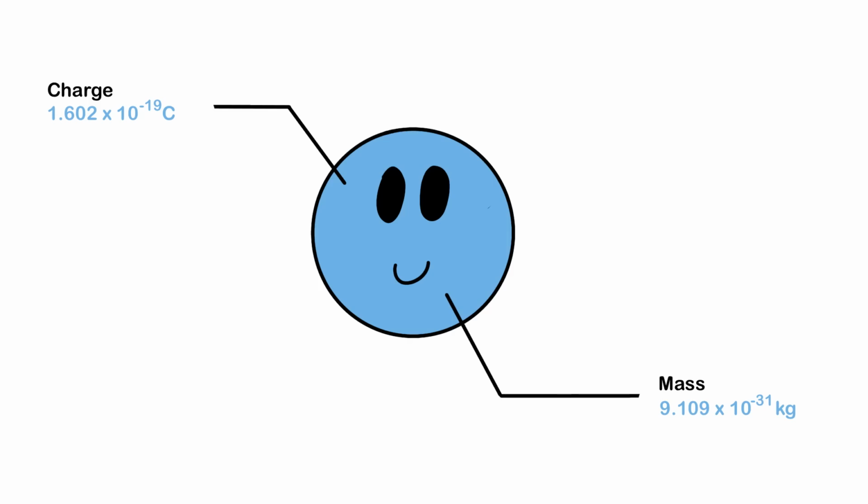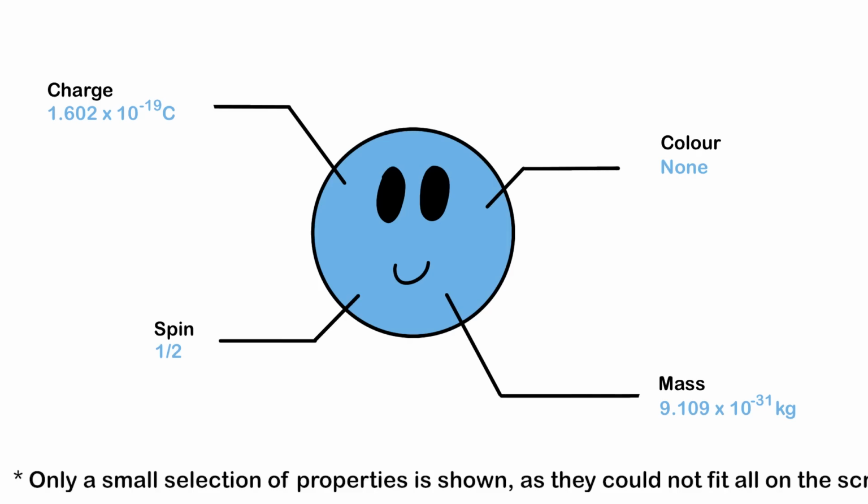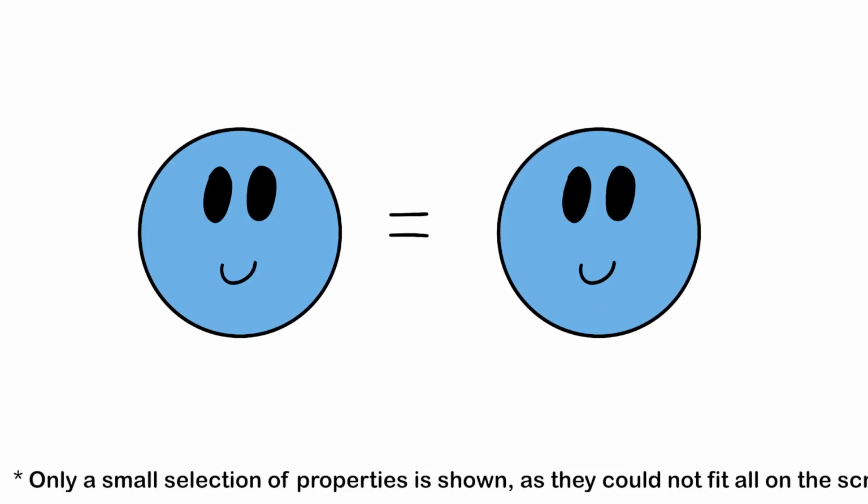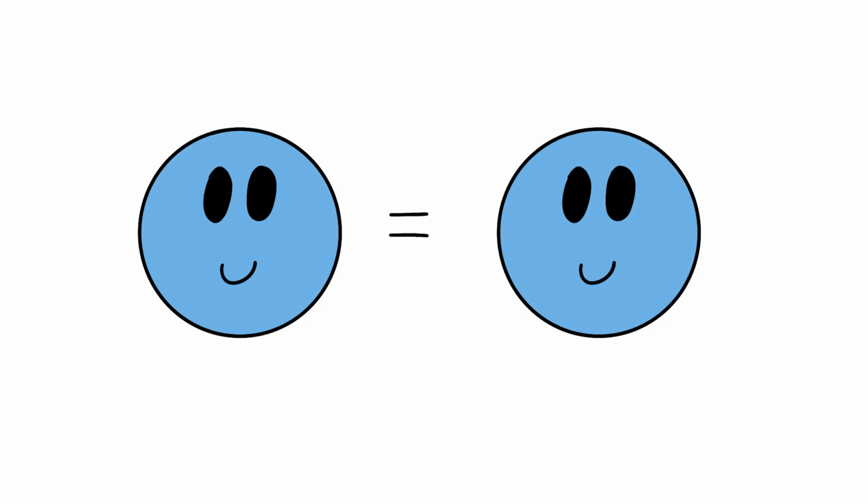Electrons, like all other particles, have very specific properties. They have a very specific mass, for example, and a very specific electrical charge. These properties, and all others, are exactly the same for all electrons. Like, exactly the same. This makes every electron absolutely identical to all other electrons.